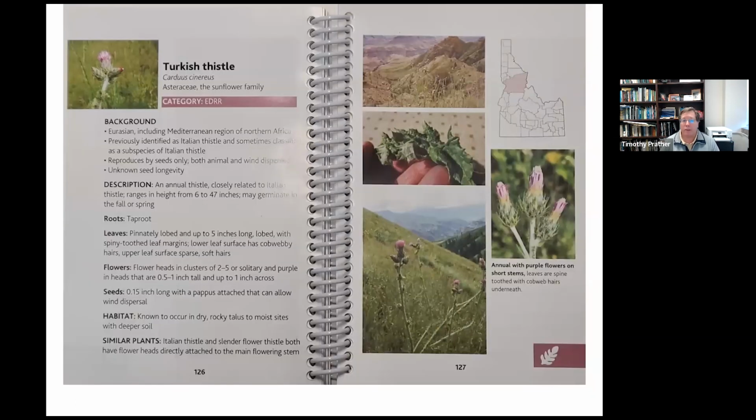So this is what the inside of the book looks like. So here's that Turkish thistle, this new one. If you look at the category, it says category is EDRR, and then it'll give you a background of where it was from, gives you a description, and it'll show you aspects of the leaf, the flowers, and it'll also show you where it has been located.